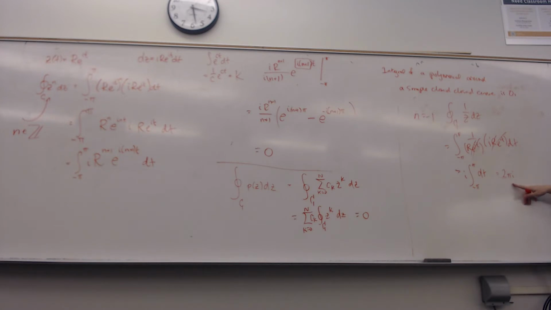And this seemingly innocuous observation turns out to be the core of all of the rest of complex analysis. Seriously, this observation that this happens is the key to unlock all the rest of it. So we're going to keep that fact in mind. So as we go forward, we're going to keep coming back to this idea.